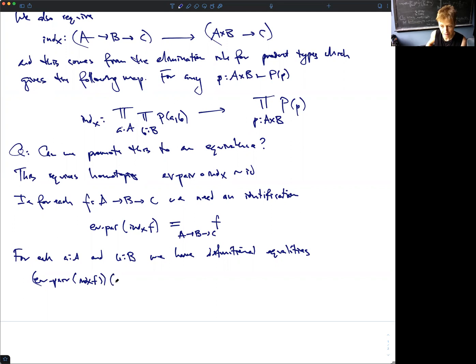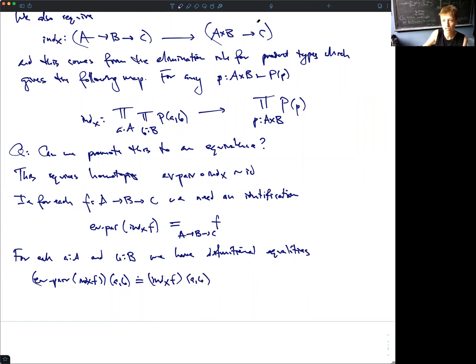I could evaluate that function at an A and a B. And when I do so, this ev pair is just the function that would evaluate a pair. So this is definitionally equal to, let me use this symbol, which appears in Egbert's book for definitional equality, the value of ind times f at AB.